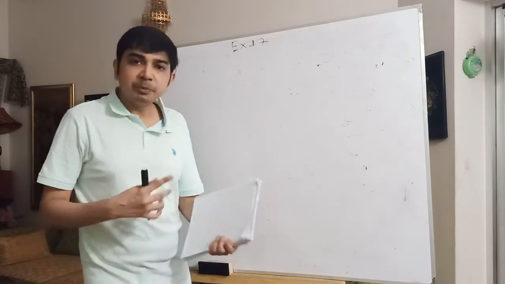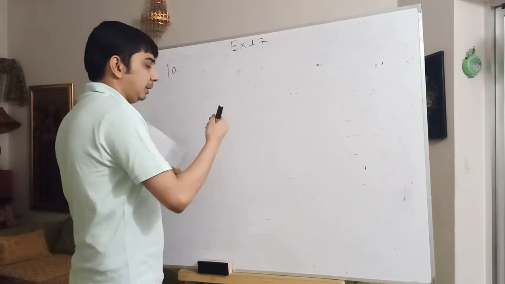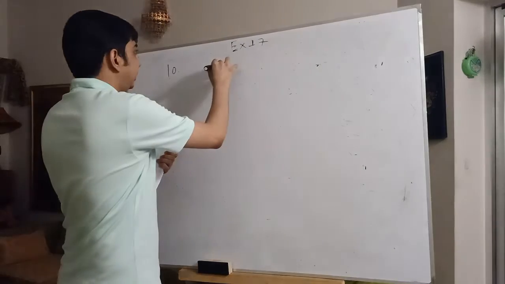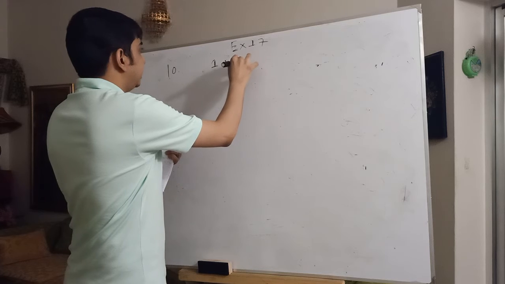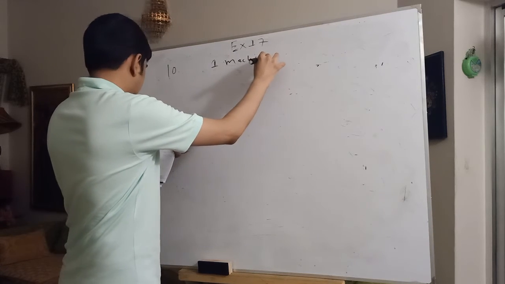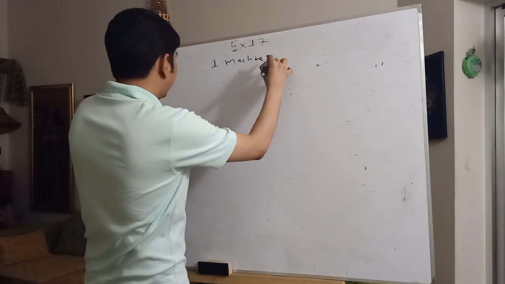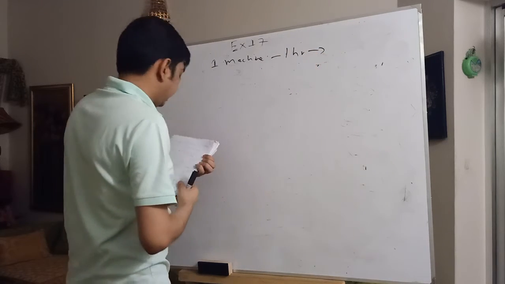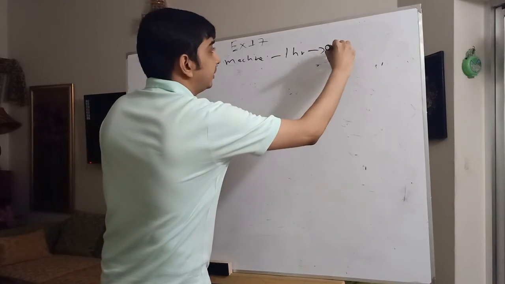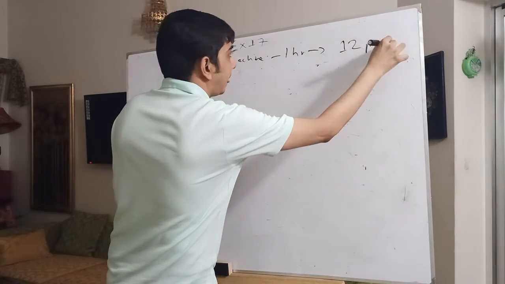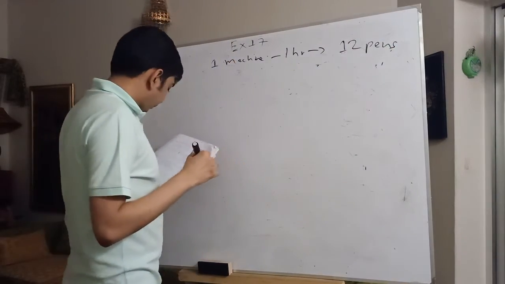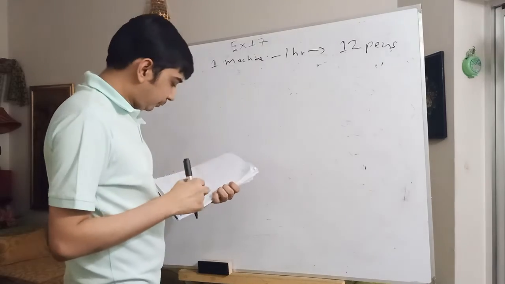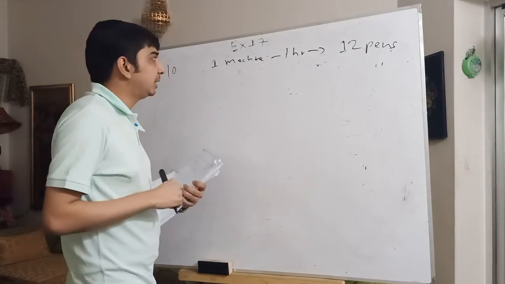So for this, let me use the answer of the previous part. We found out that one machine in 1 hour produces 12 pens. Now you have to find how many pens will be produced by 25 machines in 7 hours.